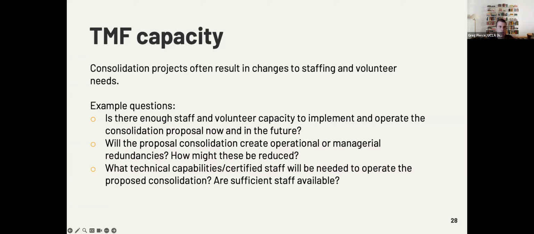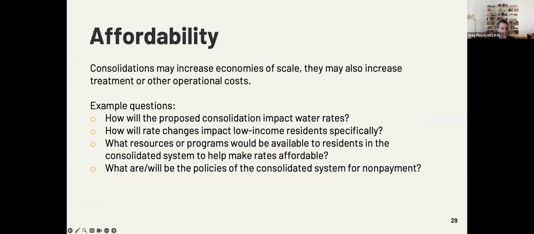And then last but not least, when it comes to financial implications is affordability. And the main question is, how will the proposed consolidation impact water rates? We again recognize that in some cases, systems pre-consolidation may not have formal rates or rate structures, at least to analyze.